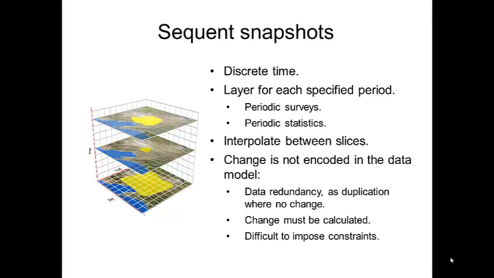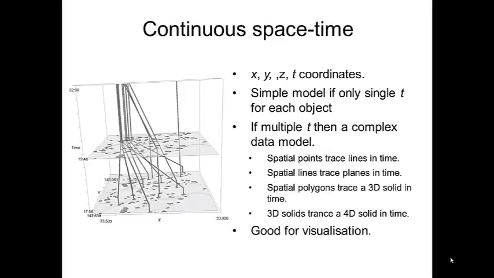You might want to impose some kind of temporal constraint. Well, that's very difficult to impose on this basic model. Change is not integral to the model. So layers, discrete layers, is our first one.